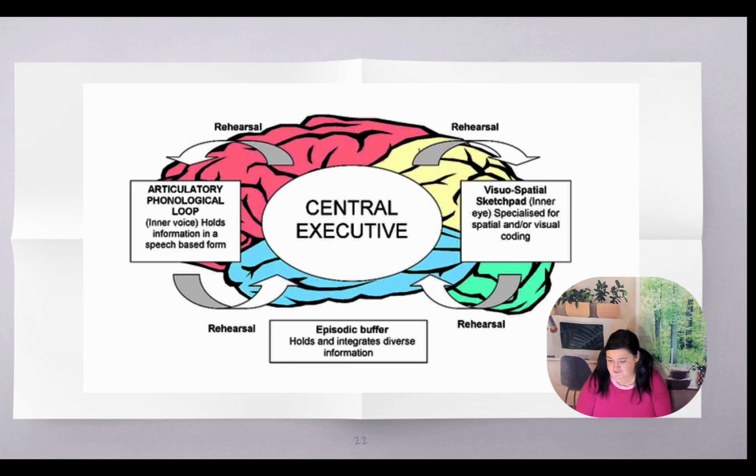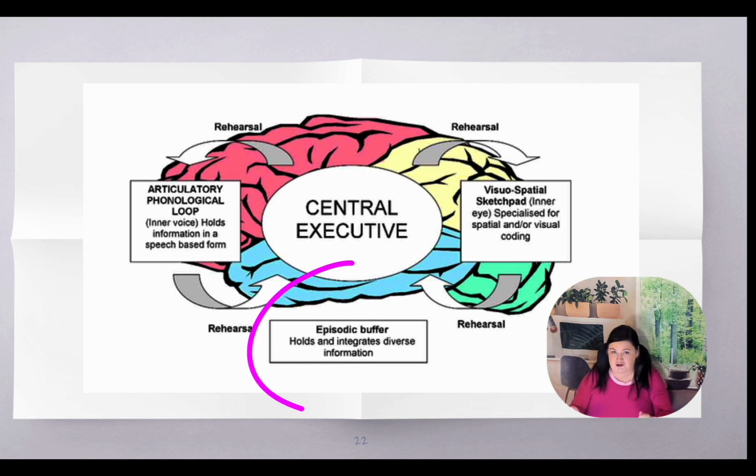Here's a nice little graphic that shows how the transactional theory of the memory model is working. So here, with the central executive, the information is going back and forth between the long-term memory and the central executive, and then our 3 slave systems across the middle.